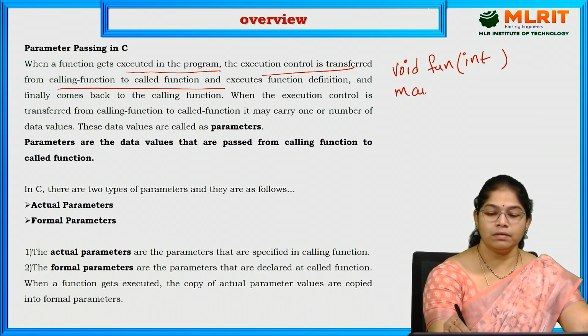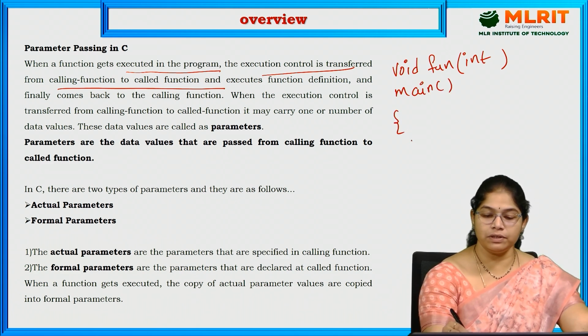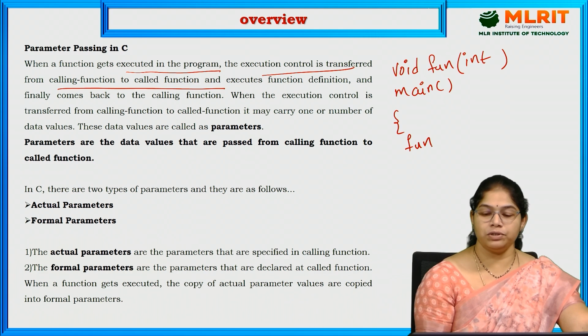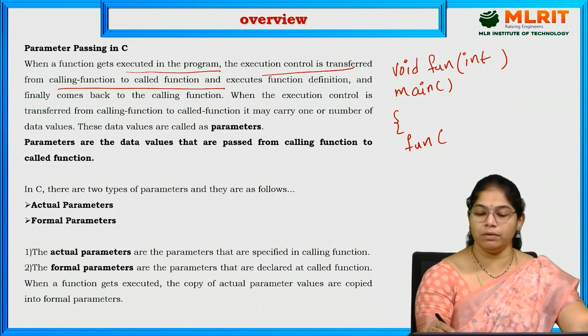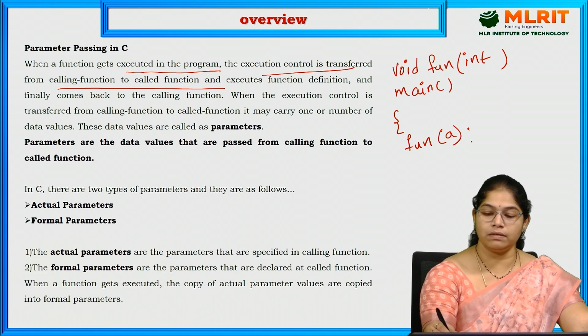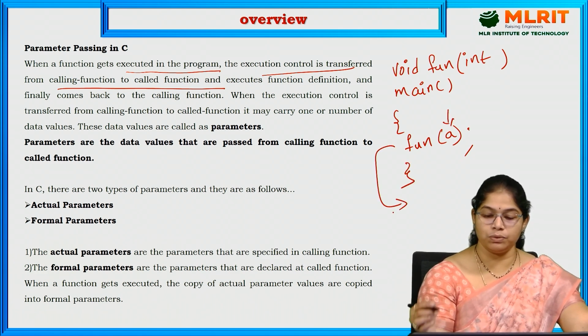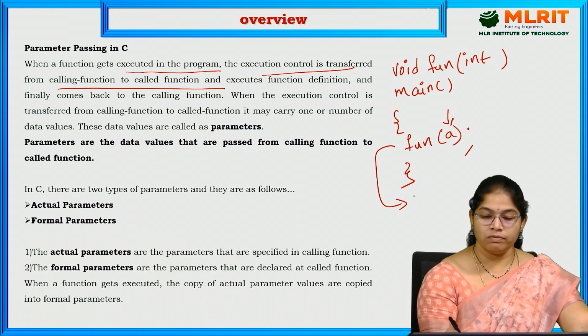Then in main, we'll call the function with the function name, and suppose I have used one argument, a. So when we call the function, the control goes to the function definition.